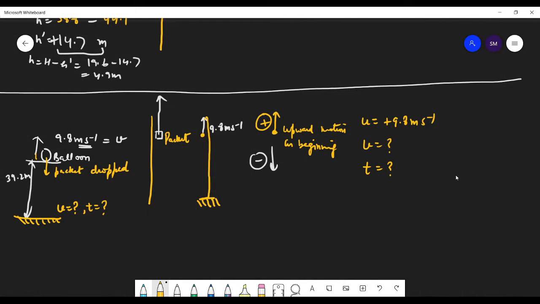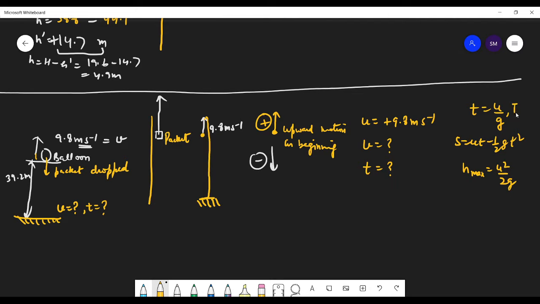You have three formulas, right? Let us write the formulas. The first formula: time of flight is equal to u by g. The second formula: S is equal to ut minus half gt square. The third formula is h maximum, which is equal to u square by 2g, right?